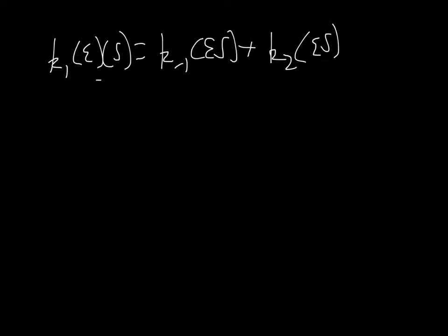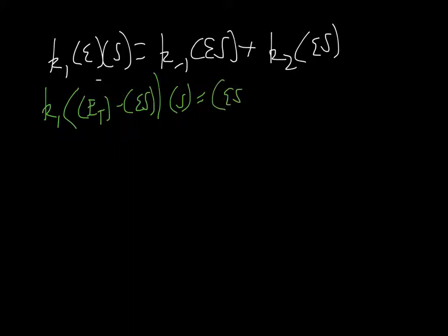I'll change colors so it's easier to follow along. So then we would have k1 times the concentration of ET minus ES times S is equal to, and I'm going to factor out an ES here, k minus 1 plus k2.